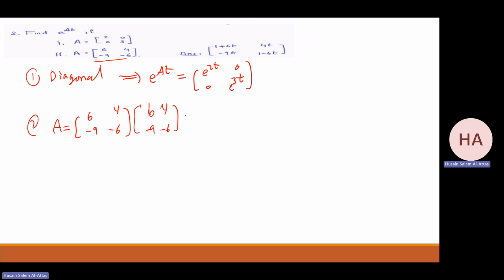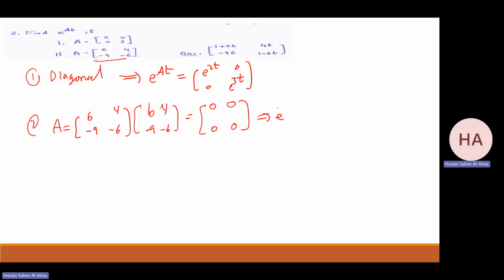Will that make, yeah, it will be 36 minus 36, 0. 24 minus 24, 0. Interesting. Minus 9 times 6 plus 9 times 6, that will be 0. Minus 36 plus 36, that will be 0. So it's nilpotent. Good.